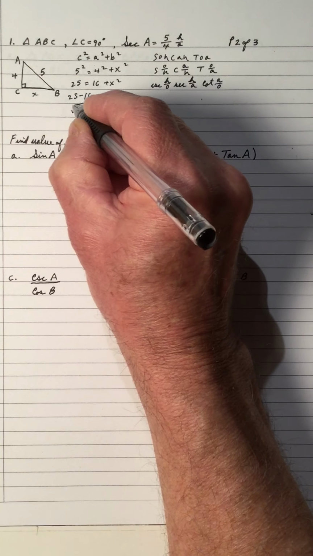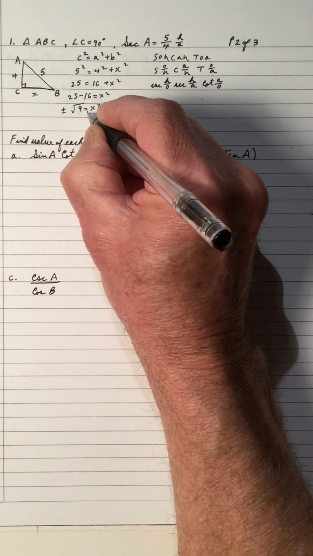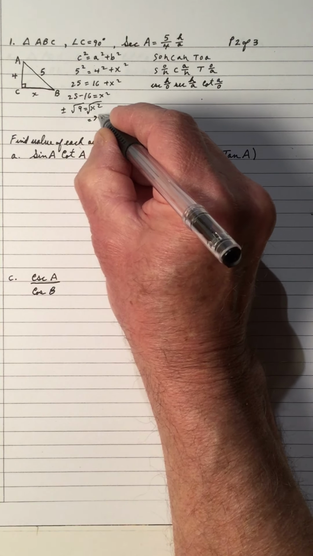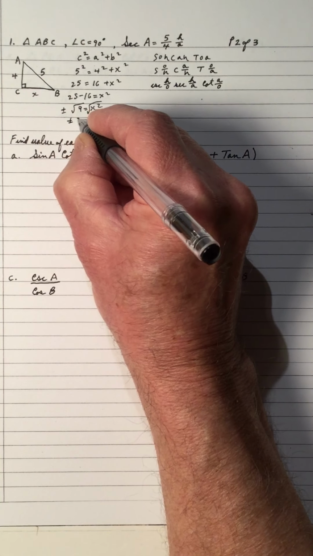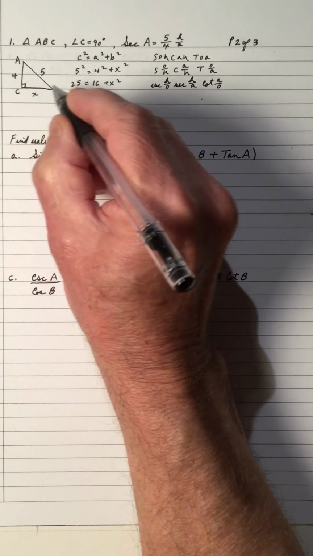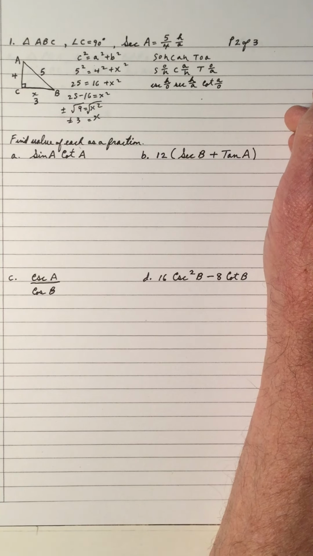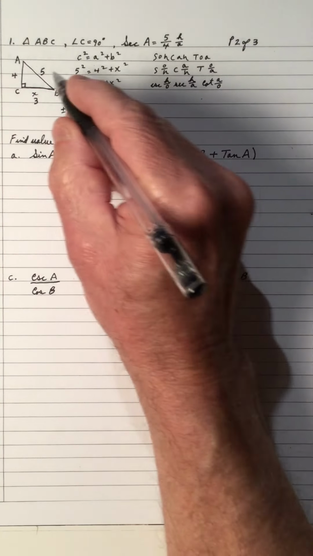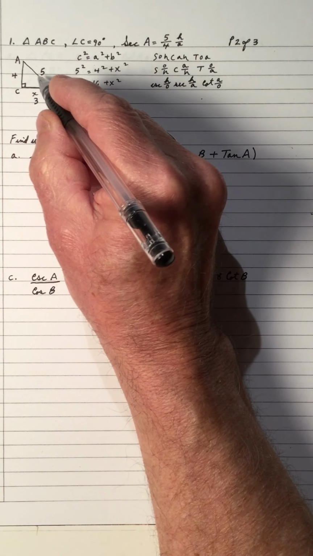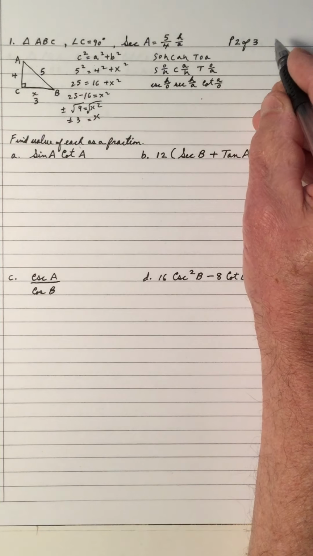The square root of 9 equals plus or minus the square root of x squared. So x is equal to plus or minus 3. Because we're dealing with a triangle, we can only use the 3. And that allows us now, because I have all 3 sides of the triangle, to do the trig ratios.